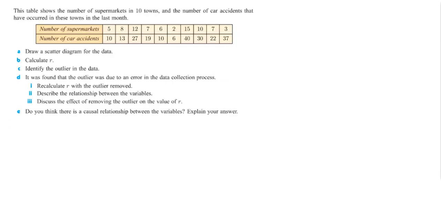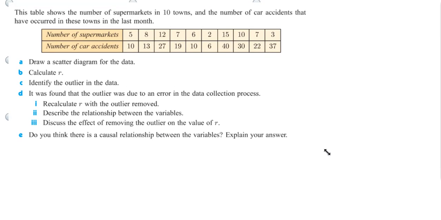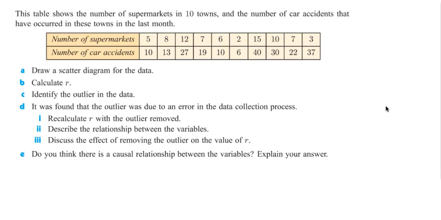Let's see how it works. I will try to show it with the calculator. Here is a question from your book. Here are two sets of data: the number of supermarkets and the number of car accidents. What's the relationship between them? They collected some data in a specific town.